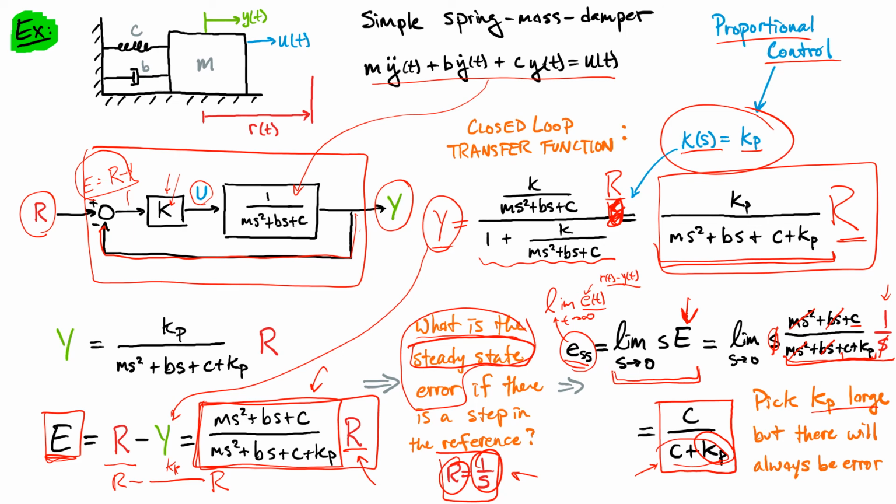And so what that means is if you drive that to 0, remember that essentially makes y look like r in steady state, which means that y would be, in this case, since r is a step function, in steady state y would want to be 1. All right, so in the next activity you'll get a chance to do this exact same calculation with proportional plus integral control.